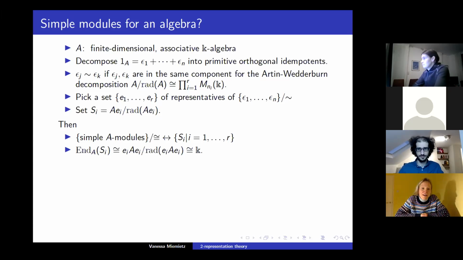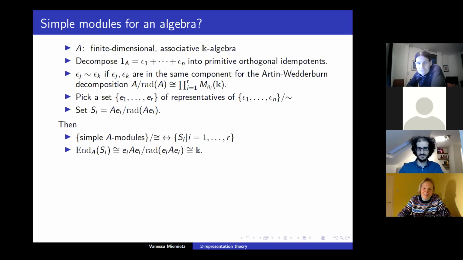Moreover, if I look at the endomorphism ring of this simple module, that's the centralizer algebra e_i A e_i modulo the radical, and that's just the field because that's a local algebra. So this is Schur's lemma.